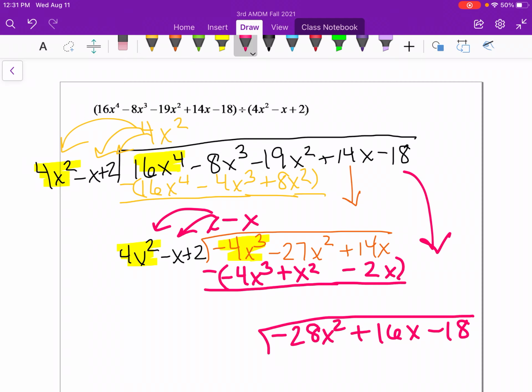I divide by 4x squared minus x plus 2. So negative 28x squared divided by 4x squared is negative 7. Multiply through.